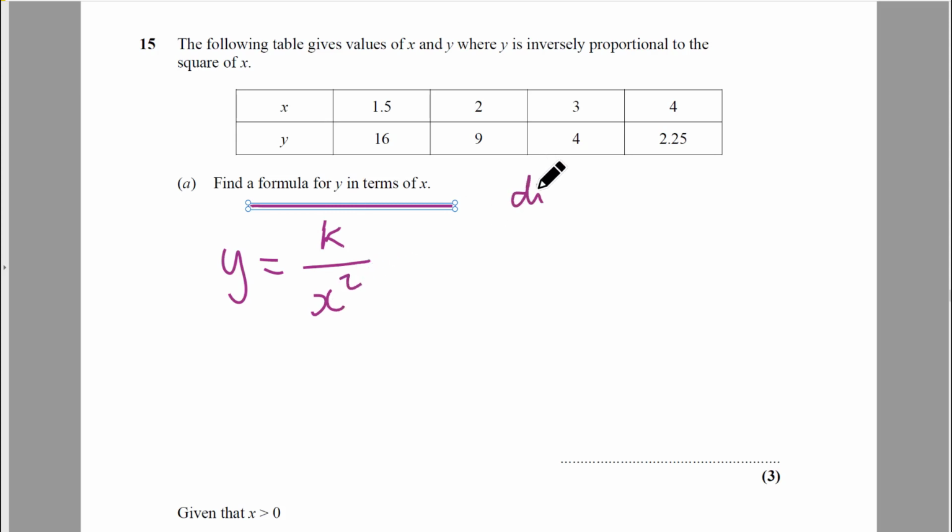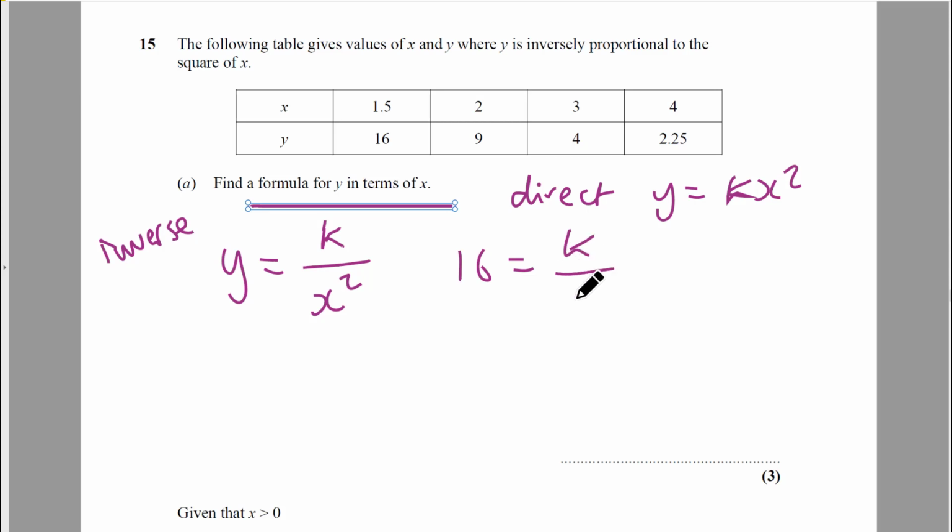If it was direct, that'd be y equals kx squared. But this is the inverse, and that's the constant of proportion, and then you can just substitute some figures in. Which one? It could be any. I'm just going to do the first one, so 16 equals k over 1.5 squared.